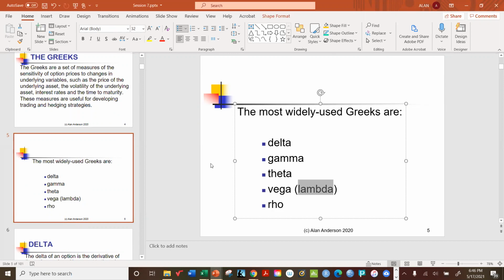I guess somebody thought it sounded cool. Vega is actually a star in the constellation Lyra in the southern hemisphere, and I suppose somebody thought it was cool to call the volatility measure Vega. So of all these, it's the only one that's not actually a Greek letter. But the others certainly are. So what are they all about?